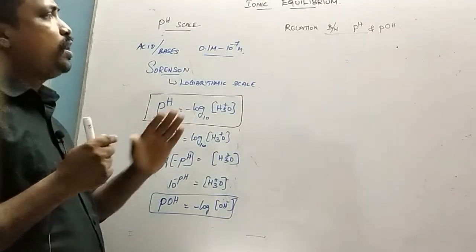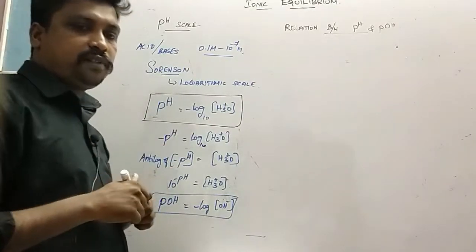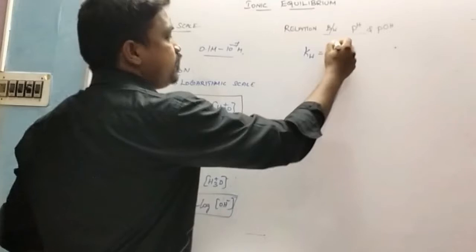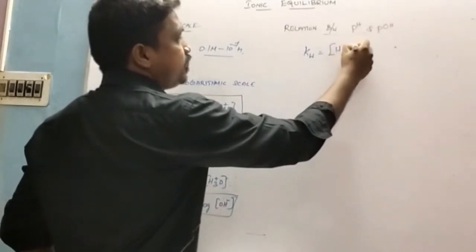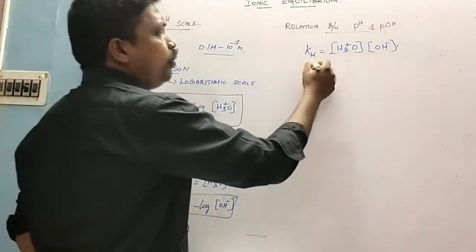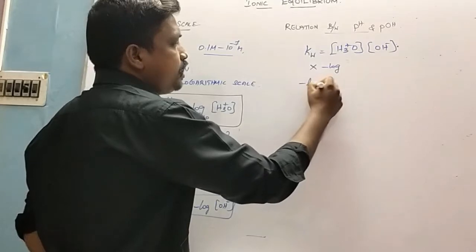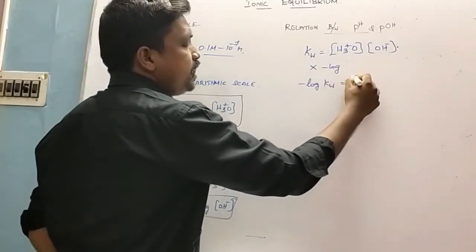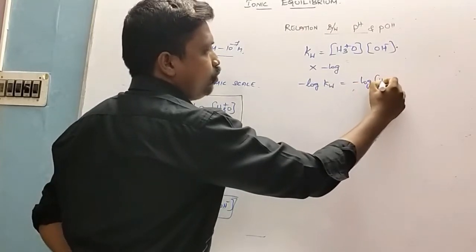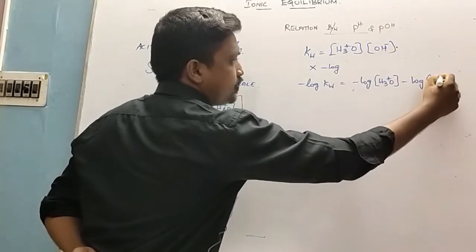Then, sir, what is the relation between pH and pOH? In the ionic product of water, we discussed that Kw is equal to the concentration of H3O plus ions times the concentration of OH minus ions, right? So multiply this equation by minus log on both sides. Minus log Kw is equal to minus log of H3O plus ions and minus log of OH minus ions.